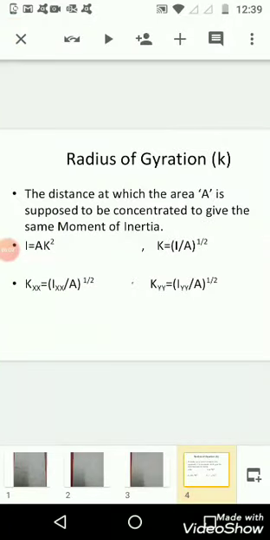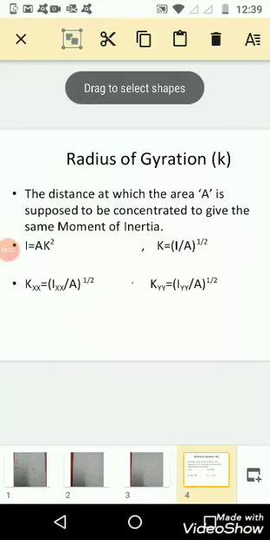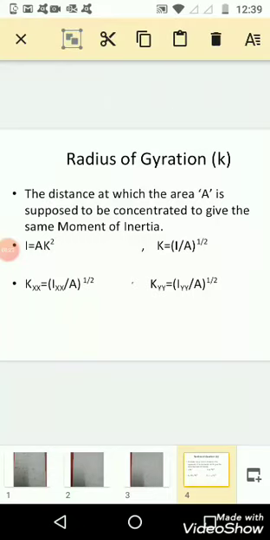Now we'll come to the type 2 or type B type of problem, in which we have to find out the radius of gyration and the polar moment of inertia. As I earlier mentioned, in between I will repeat the theory so as to make the problem more relevant to you. Now radius of gyration k is the distance at which the area is supposed to be concentrated to give the same moment of inertia.